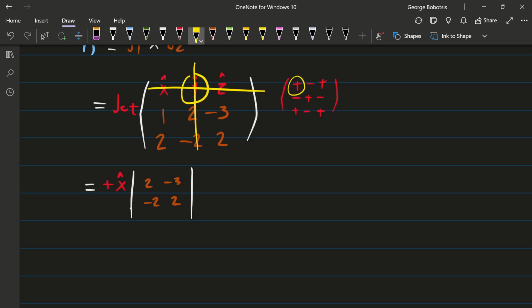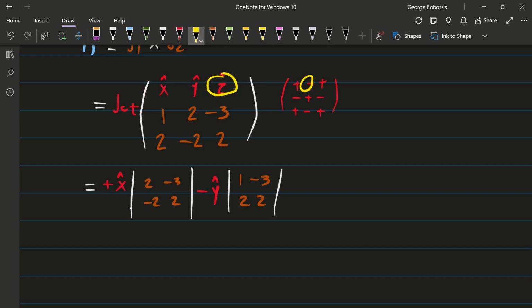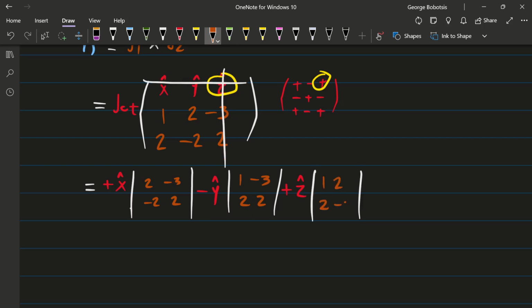So this one is a negative y hat, and then the determinant of 1, negative 3, 2, and 2. And then finally, to show you here, this one is a plus z hat, the determinant of 1 and 2, and 2 and negative 2.